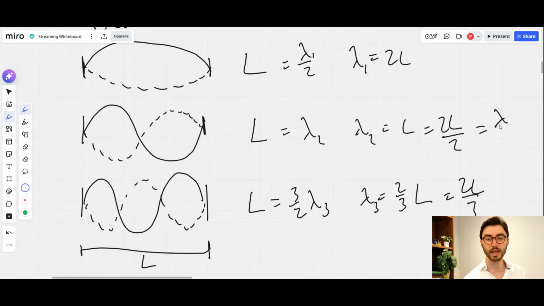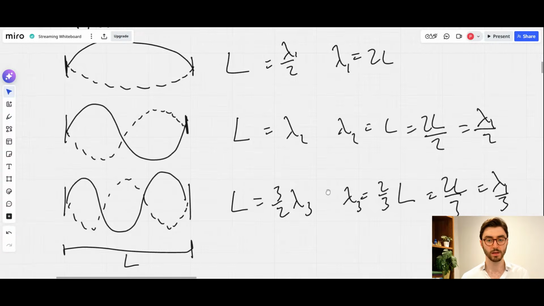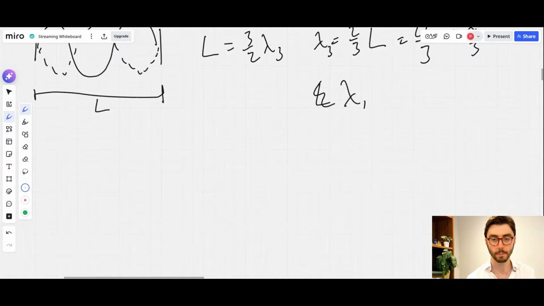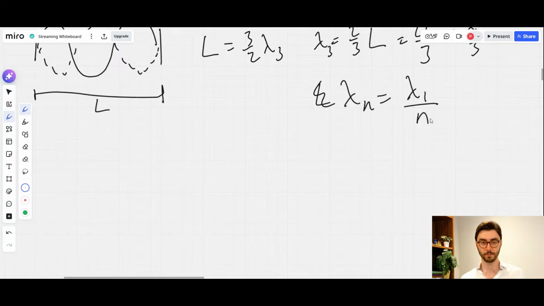So in other words, it's lambda 1/2, and this one here is lambda 1/3. And that gives us this relationship that the wavelength, in general, for any harmonic between fixed points, is going to be the first harmonic's wavelength over n.